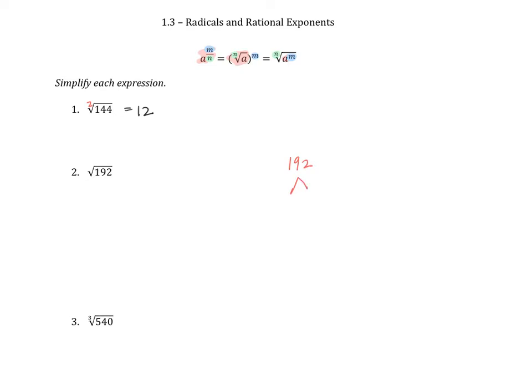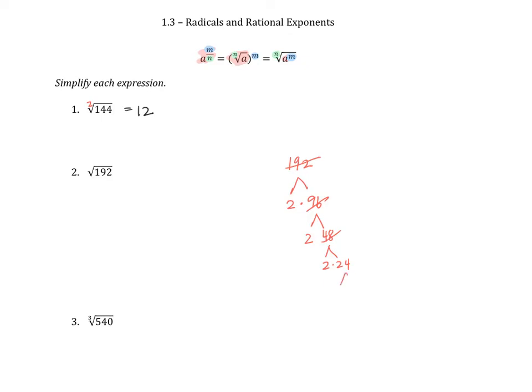So 192, I see that the last digit is even, so I can divide by 2. So that would be 2 times 96. 2 is prime, so I'm going to stop there. 96 is still composite. I can still break it down. So 96 divided by 2 is 48. Every time I'm breaking down a number, I'm crossing that number off. 48 is 2 times 24, and you just keep going.